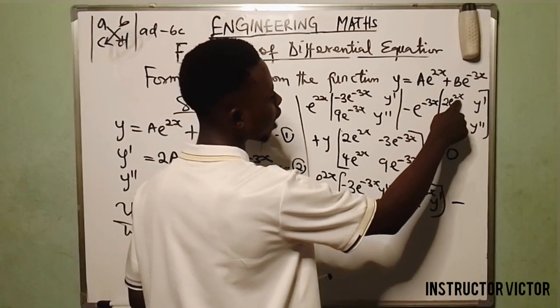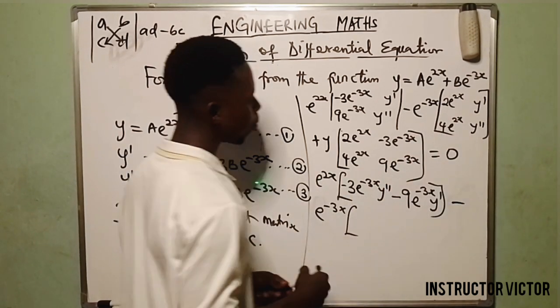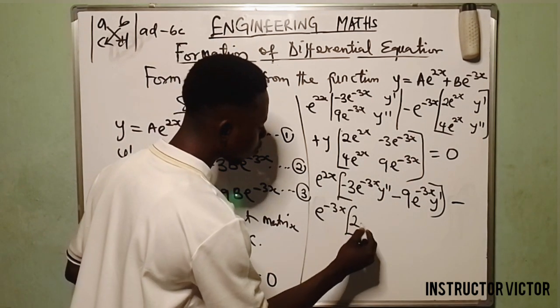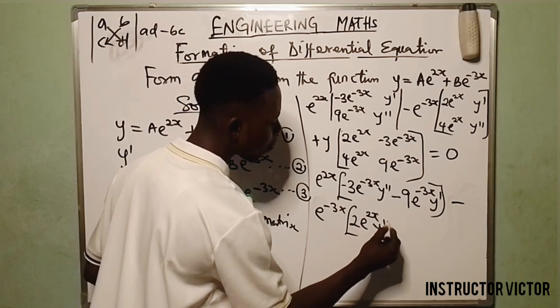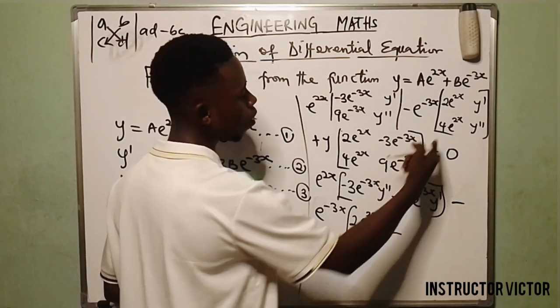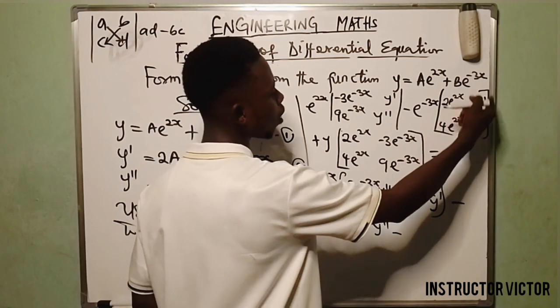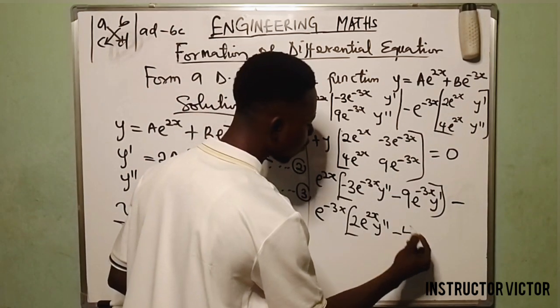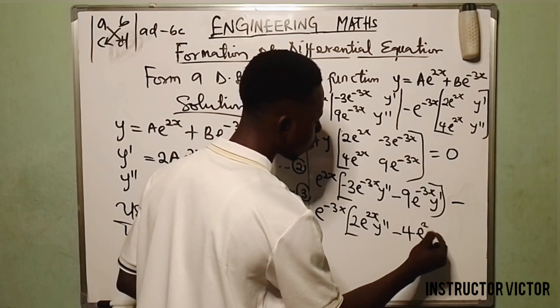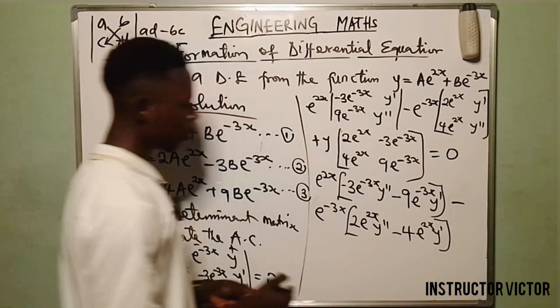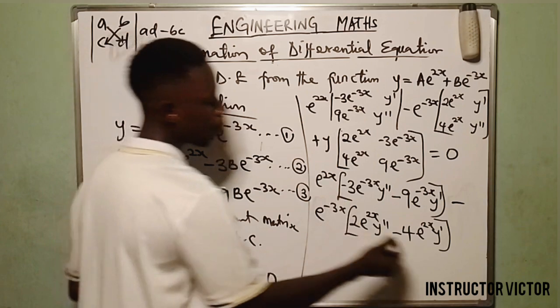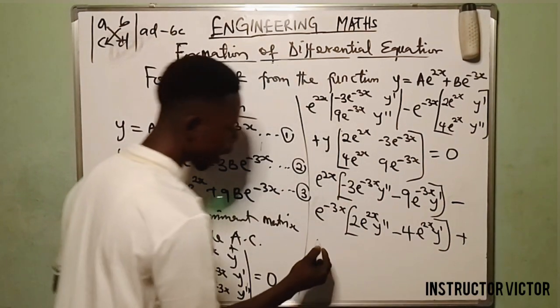Now 2 exponential 2x multiplied by y prime prime, you are going to have 2 exponential 2x y prime prime, minus 4 exponential 2x multiplied by y prime, you have 4 exponential 2x y prime. You close that bracket for that one. Now plus y.